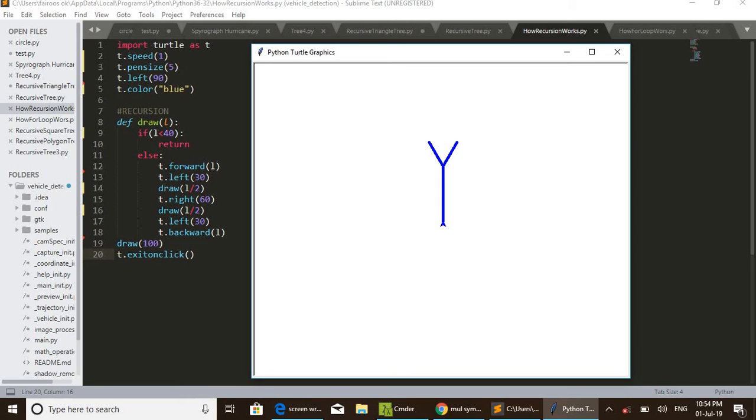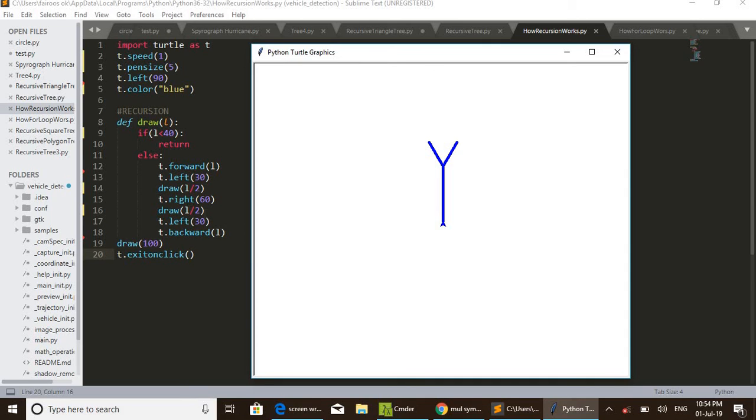Okay. Then after returning to this 14th line, it goes to t dot right 60. From this position, t dot right 60 means it turns 60 degrees right. That is, it stands in this direction, and then it calls draw L by 2.